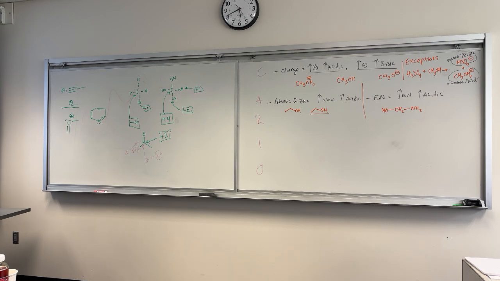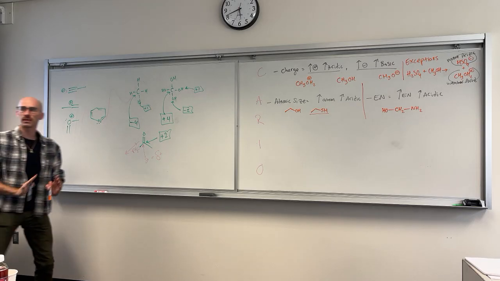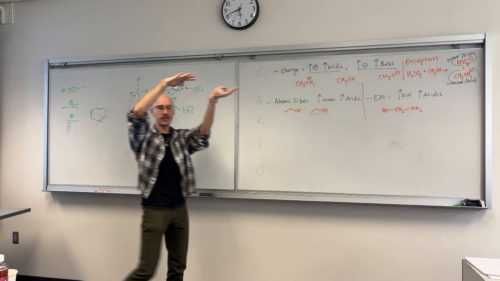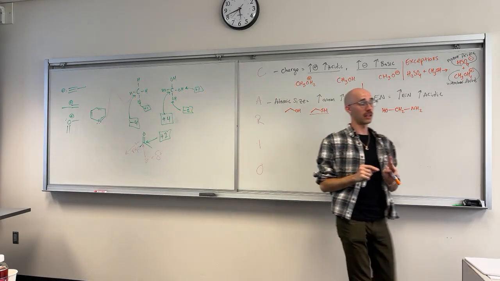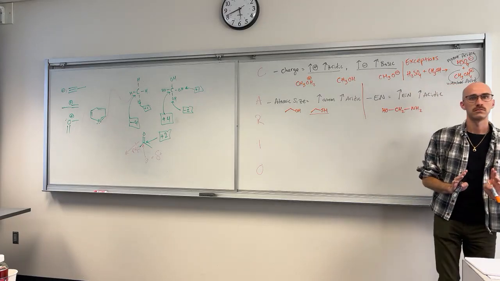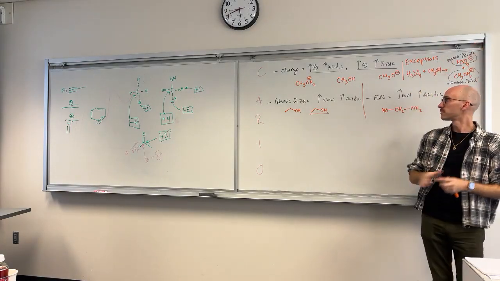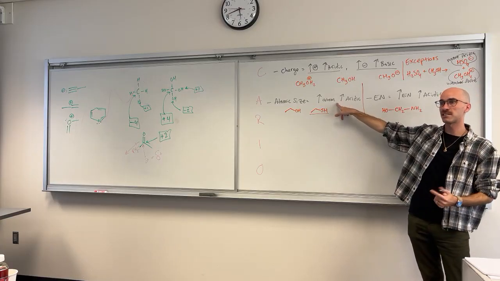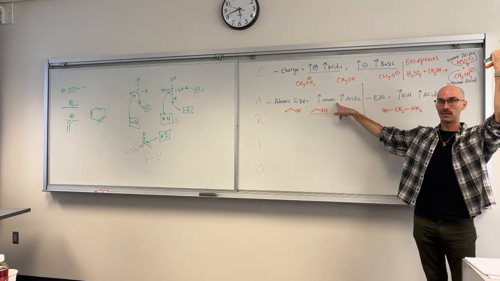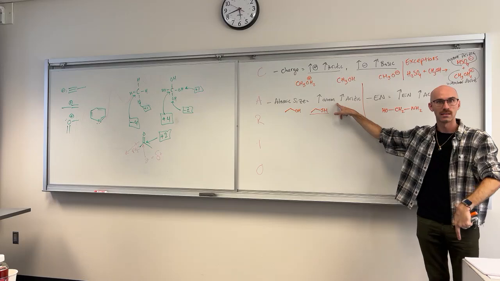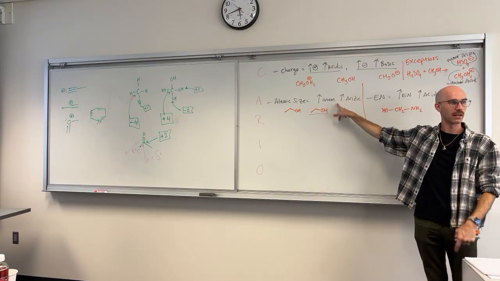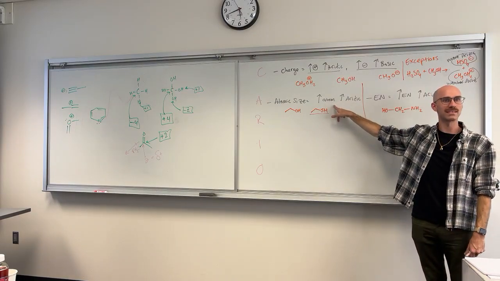So, can you guys remind me which way electronegativity trends? To the right and to the middle. Good. Electronegativity trends up and to the right on a periodic table. So recognize that electronegativity does not work when you're comparing a family. In a family, acidity increases by size.